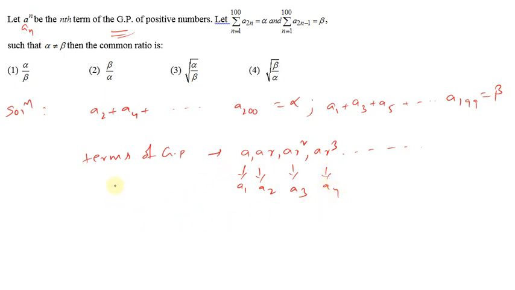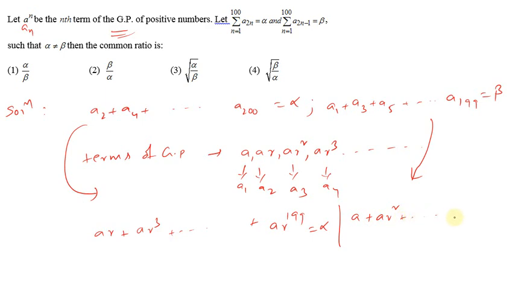So a2 is nothing but ar, and a4 is nothing but ar cube, plus and so on. A200 is nothing but ar power 199, which is equal to alpha. Similarly, a1 is nothing but a, plus a3 is ar square, plus and so on, ar power 198 is equal to beta.